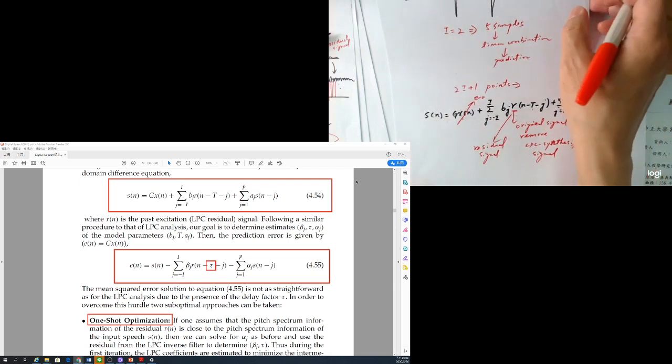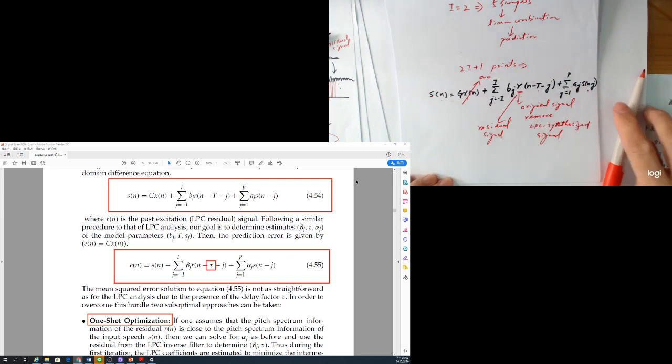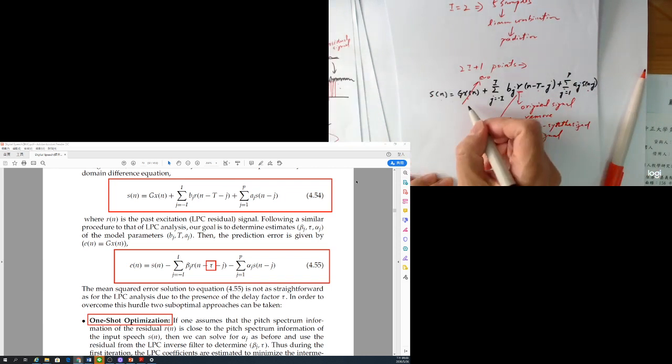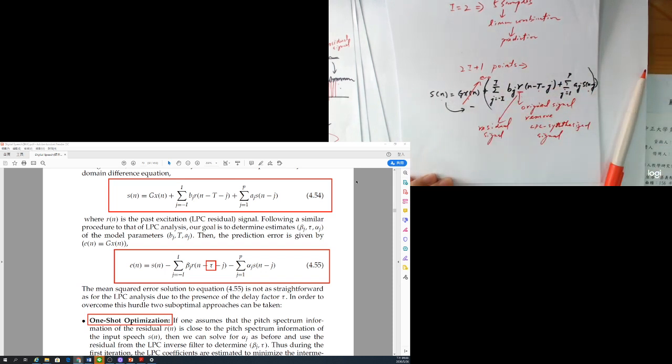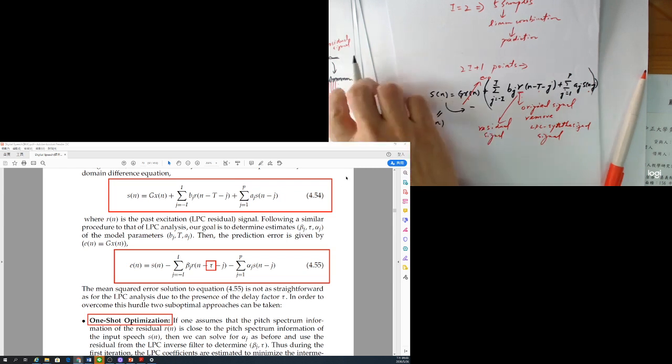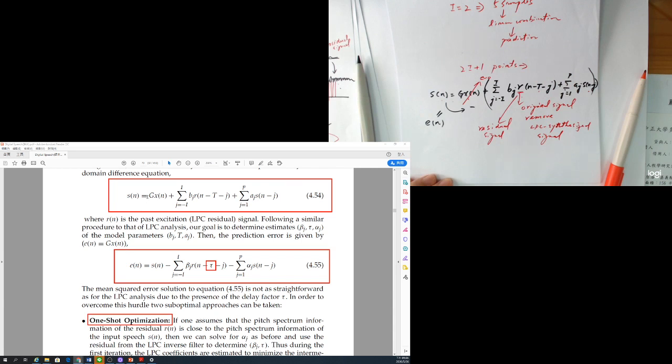So this signal minus all of this signal we try to minimize. We define this as our error signal, and you can see this error signal is close to zero. So it should be approximated by this term and this term, and we come out with this equation. S of n minus the synthesized speech signal is R of n.